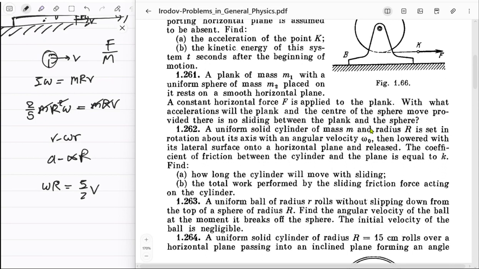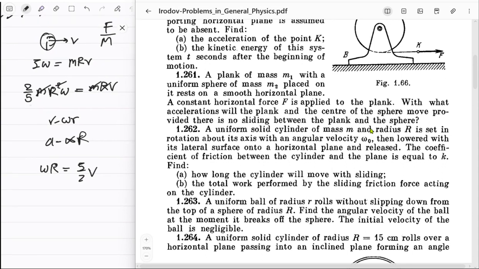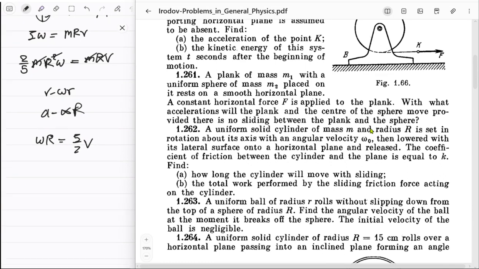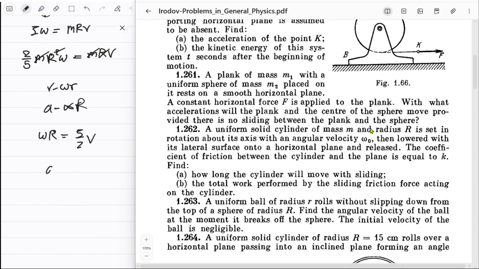What do you want? Once again, the acceleration of the center of mass. So use v to represent everything. There we go. So our alpha r is just going to be 5 upon 2 a. So a minus 5 upon 2 a. What? That doesn't make any sense. Something's going wrong, isn't it? What went wrong exactly?